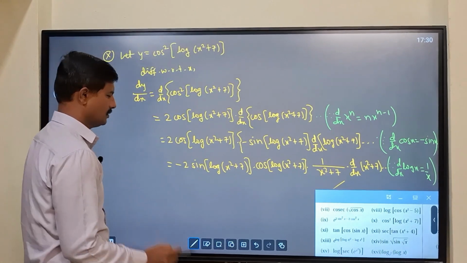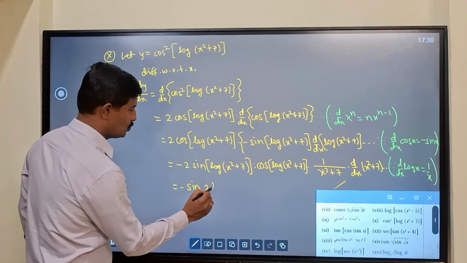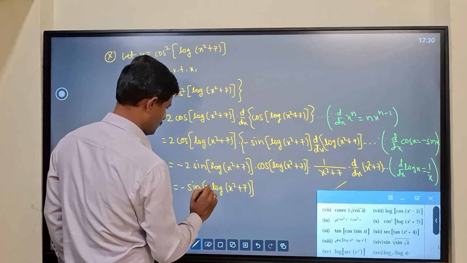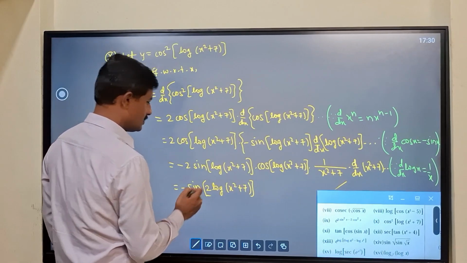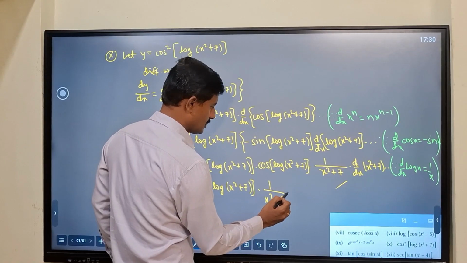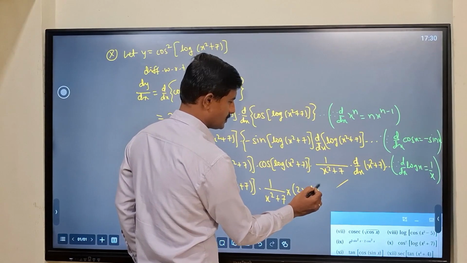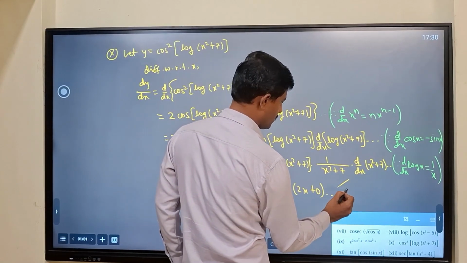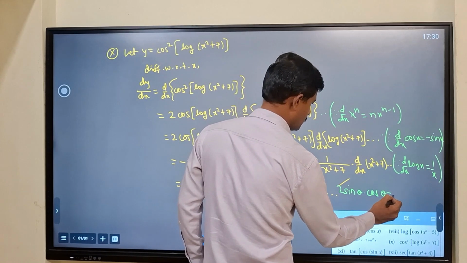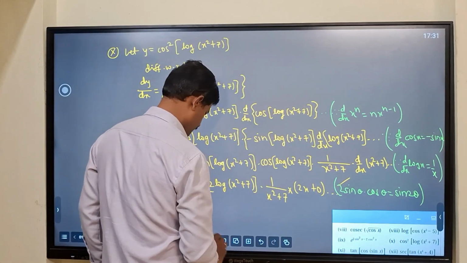Now see, here I will write sin 2 log x square plus 7. This is 2 sin theta cos theta, which becomes sin 2 theta. And this one is 1 upon x square plus 7 into the differentiation of x square, which is 2x, and the differentiation of 7 is 0. Here we used a trigonometric identity: 2 sin theta into cos theta is sin 2 theta.